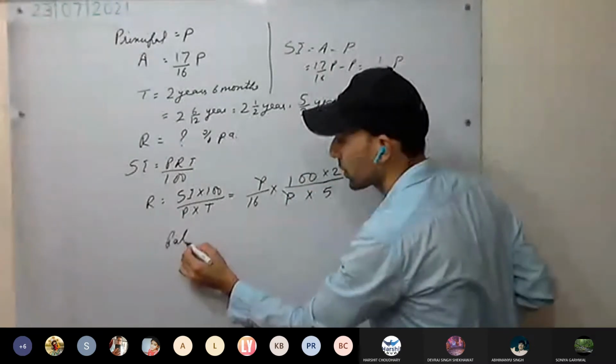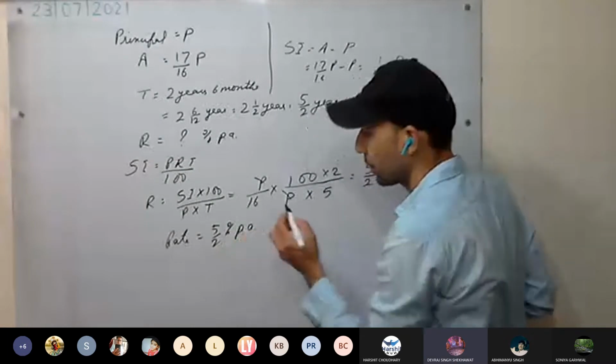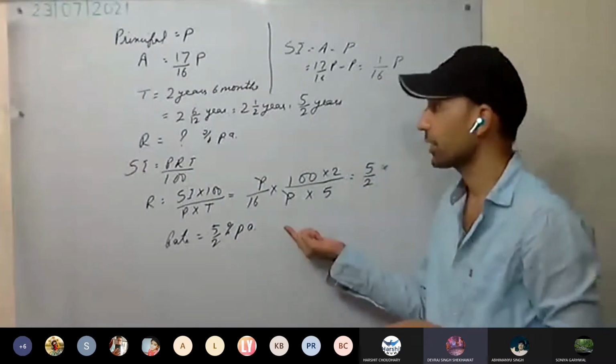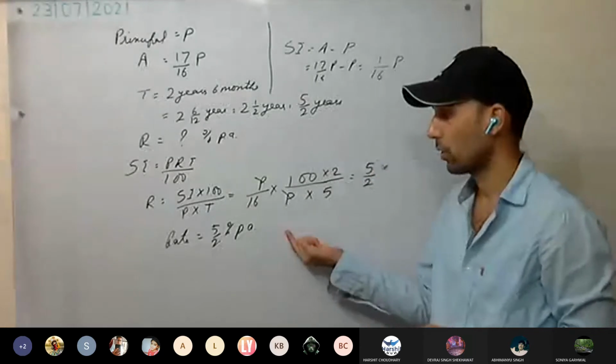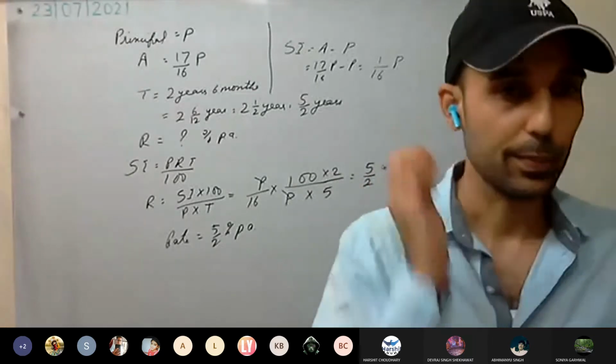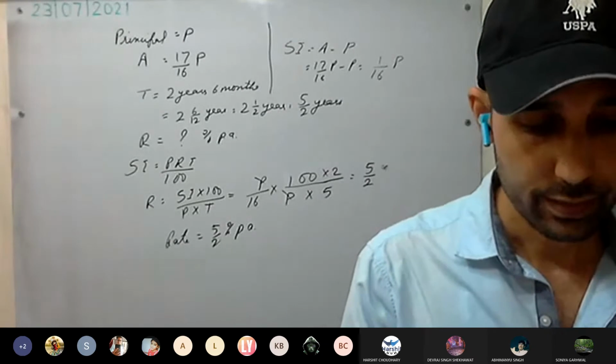So rate equal to how much? 5 by 2% per annum. Okay, if you want to write it otherwise, you can write 2 and 1 by 2% per annum, or depending on you, 2.5% per annum. Okay, this is clear.